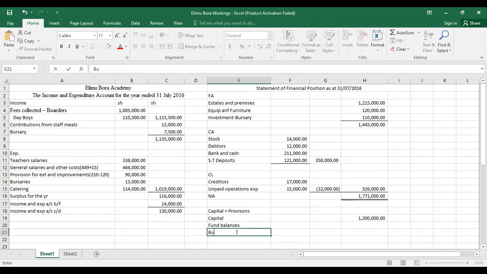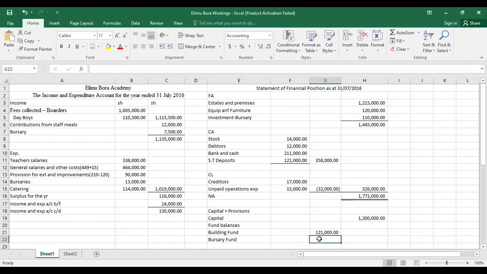We had a building fund. The building fund was 121,000. Then I have a bursary fund.